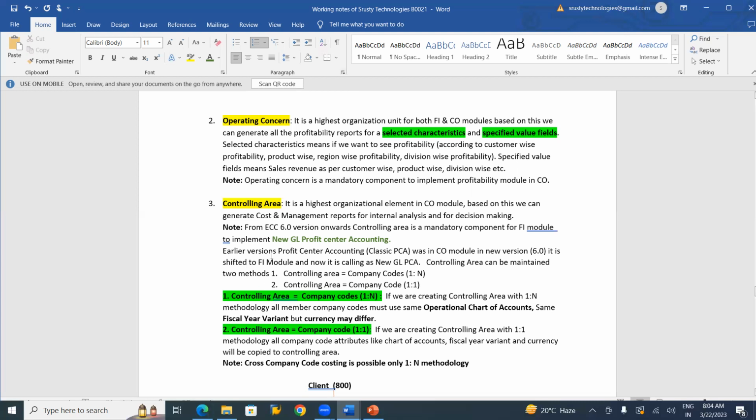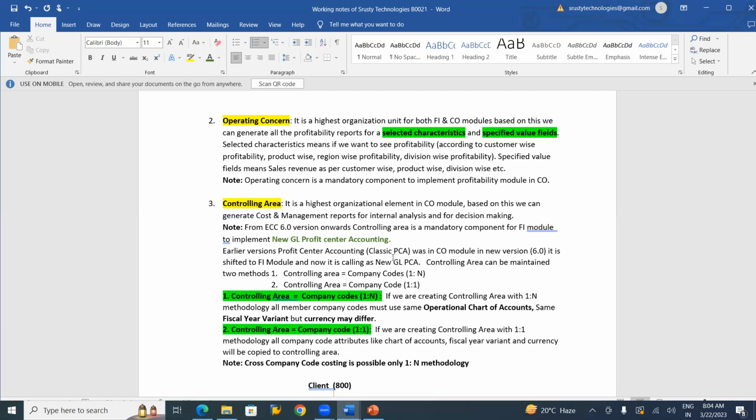Next one. In earlier versions, profit center accounting, within the bracket you can write it as classic PCA. Classic PCA was in the CO module.